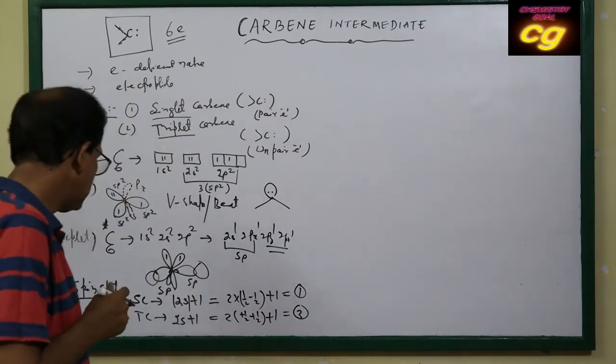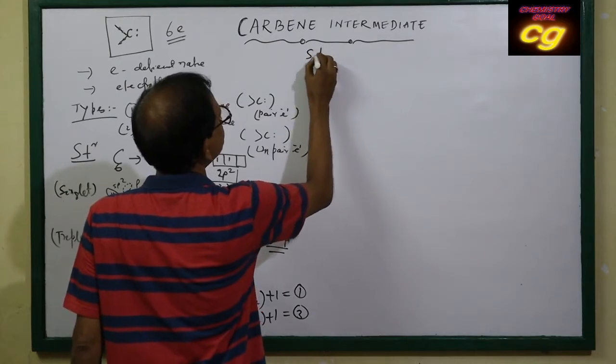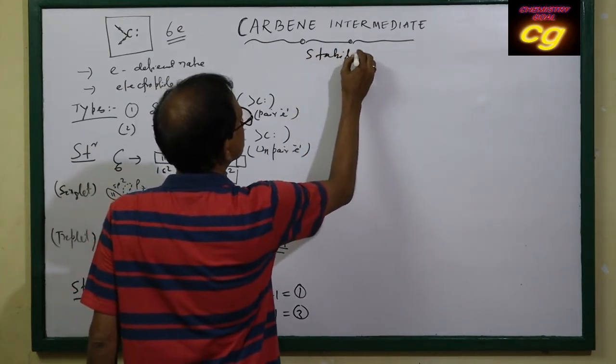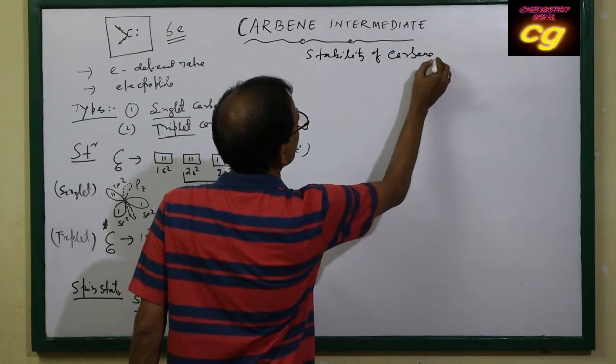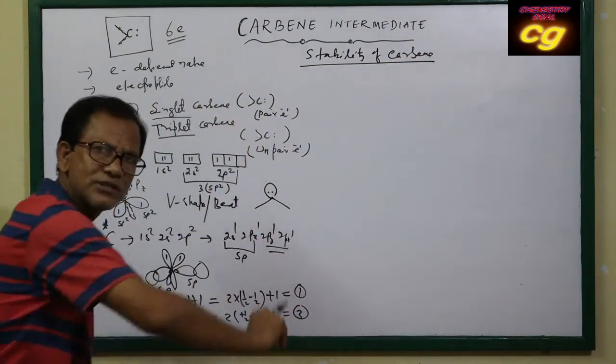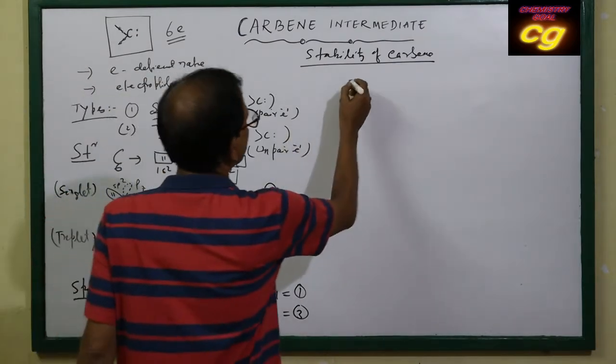Then the stability of carbene. If you discuss the stability of carbene, as there is singlet carbene and triplet carbene, take related examples.